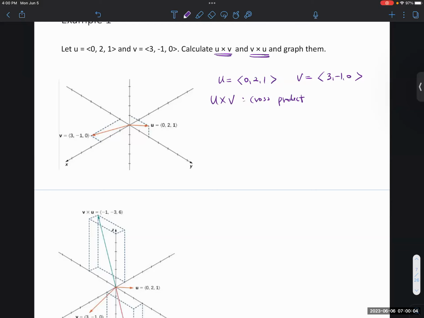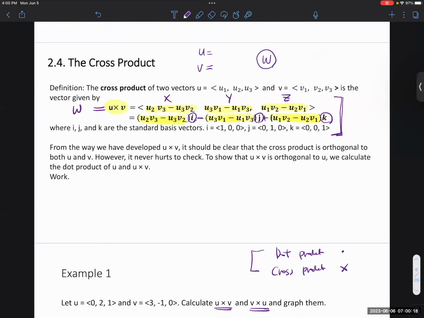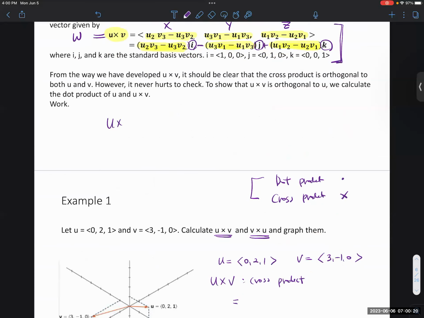So let's do the cross product. That means you're going to do U times V. According to the formula, ooh, this is a lot, right? U times V is U2 V3 minus U3 V2, comma, U3 V1 minus U1 V3, comma, U1 V2 minus U2 V1.